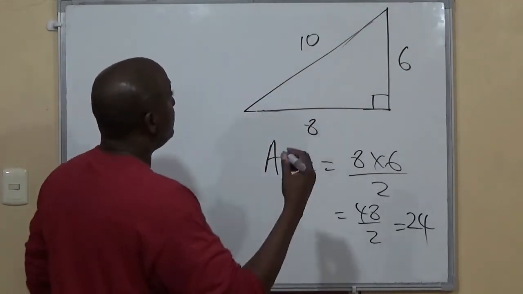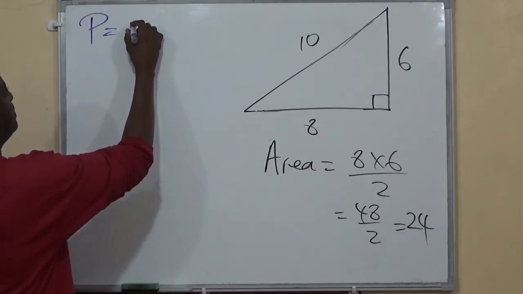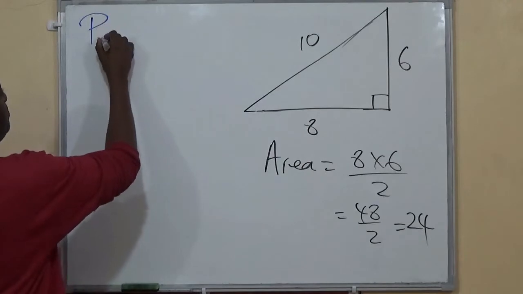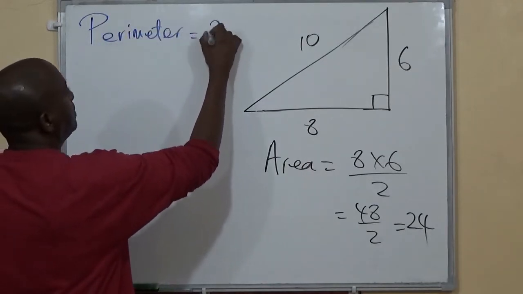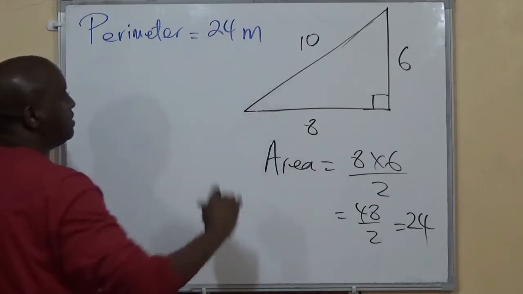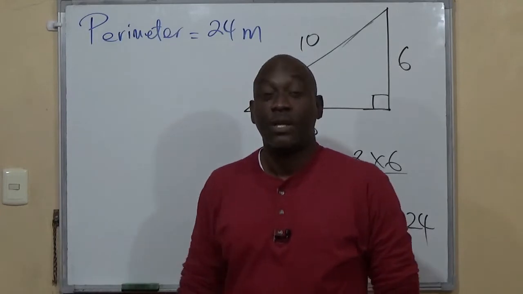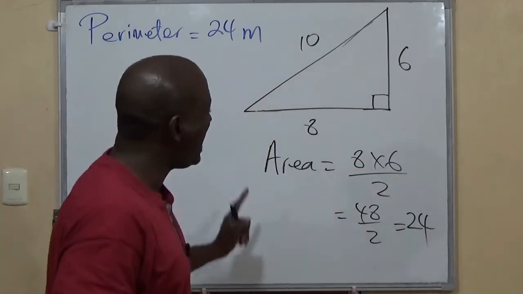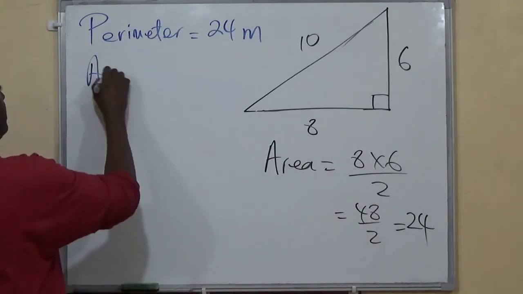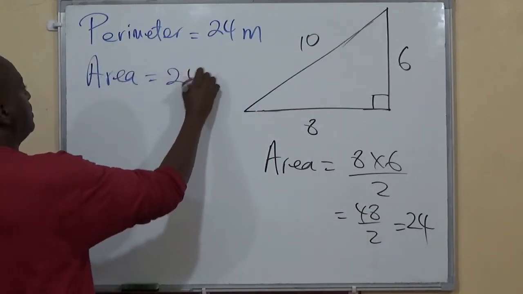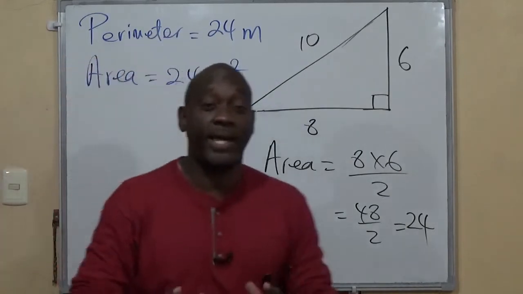The perimeter P is equal to 24, let me go with meters. Meters is the unit of length in the SI system. The perimeter is 24 meters, and the area is 24 meters squared, or 24 square meters.